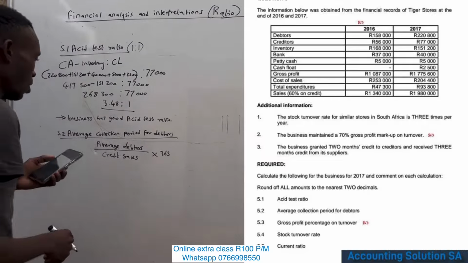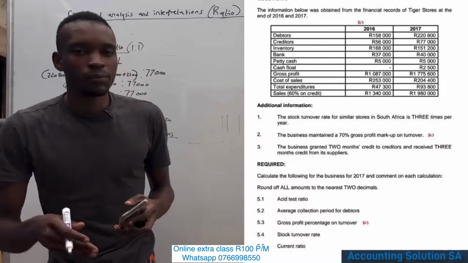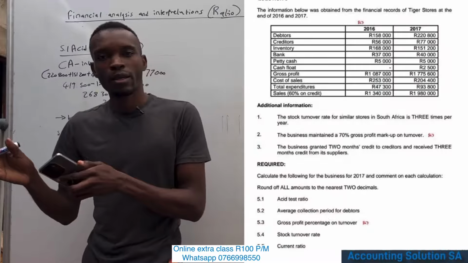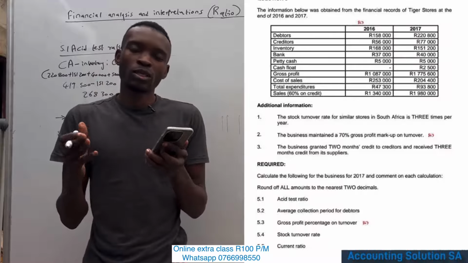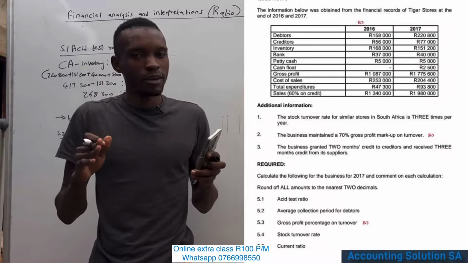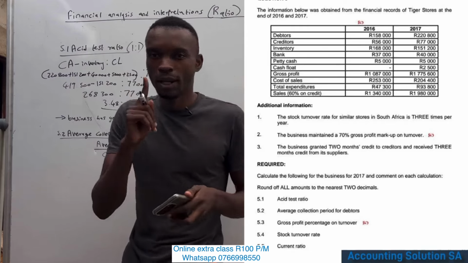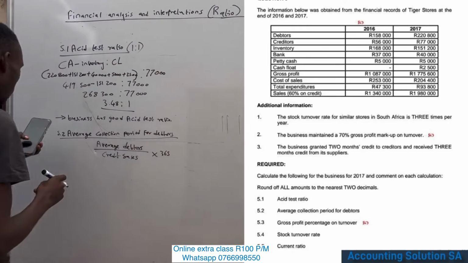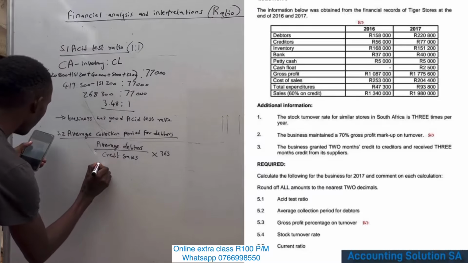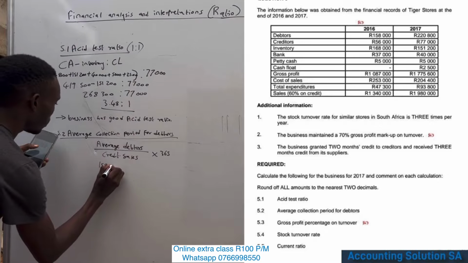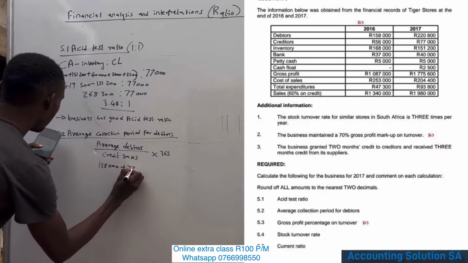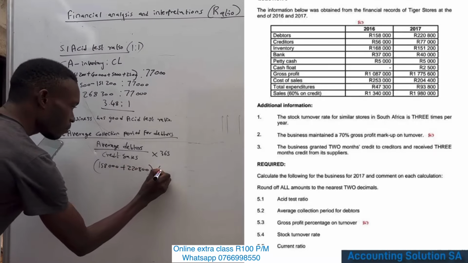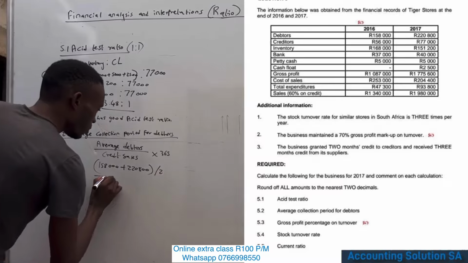Okay, when they say average debtors, they simply mean add the amount of last year and this year and divide by 2. That's what we call average. We can't say average if you are talking about one balance. Okay, let's take the debtors of last year and this year. Debtors of last year was 158,000, and for this year plus 220,800. Add this together and divide them by 2 before you proceed.